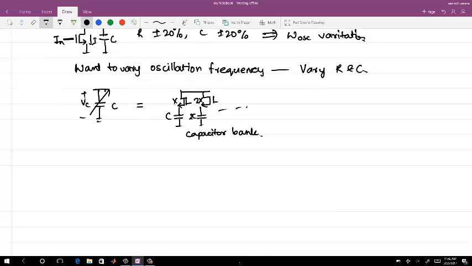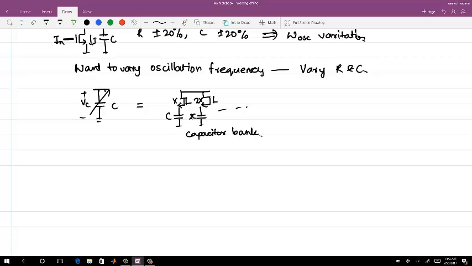The other way you can vary the capacitor is, either you can use a MOS capacitance and change the gate voltage if possible. That is not that much done in case of oscillators.